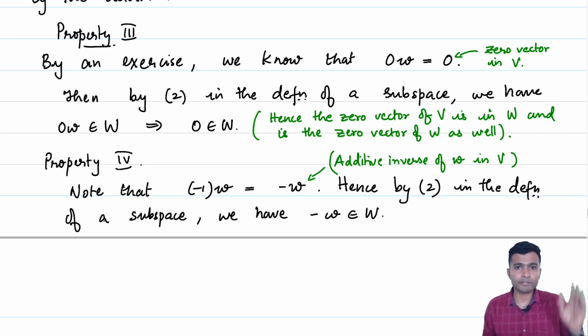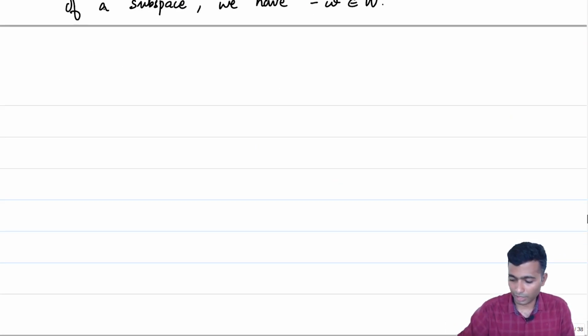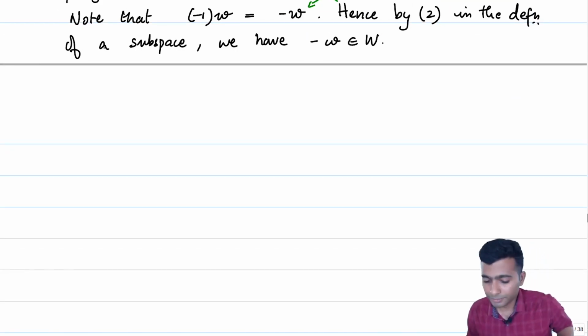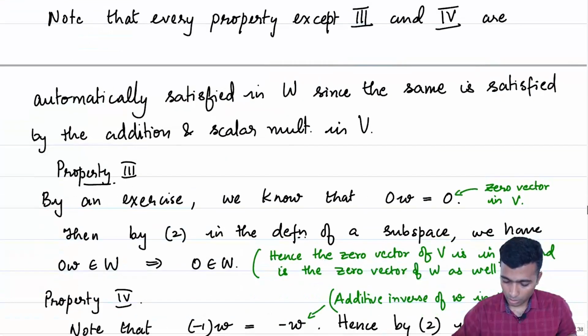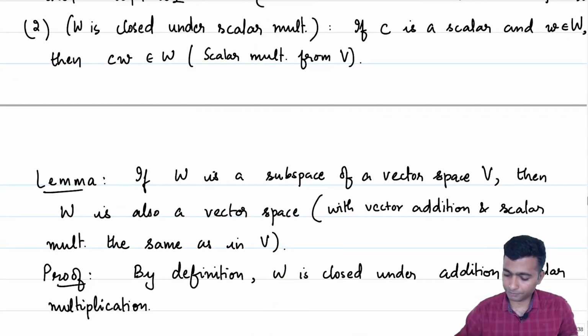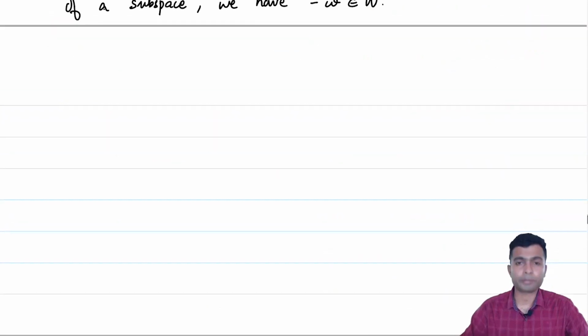So, we already have an additive inverse in capital V, so it better be in capital W as well, right? Otherwise, there is a potential problem of having more than one additive inverse in capital V, because the 0 is the same, right? Okay, so we have essentially proved almost all properties in the definition of a vector space, and therefore we have established that capital W is a vector space as well.